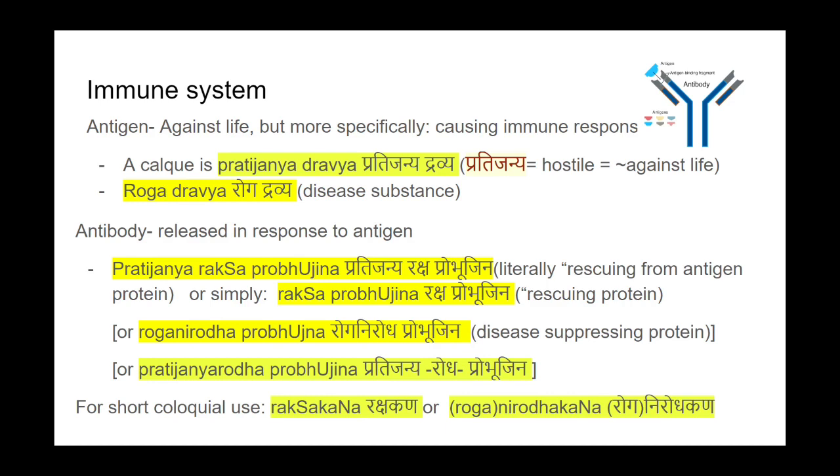Alternatively, which is a path Telugu takes, is roga nirodha probujina, or disease suppressing protein. Or I kind of combined the two and called it Pratijanya Rodha Probujina. Of course, for colloquial use, shorthand, to save syllables, it'd be Rakshakana or Roga Nirodhakana, which is a rescuing particle or disease combating particle.